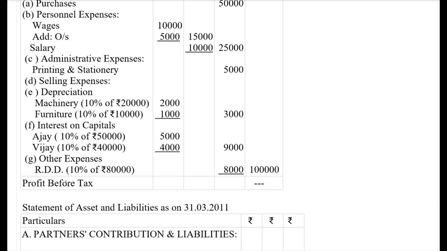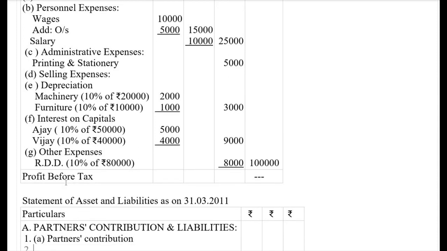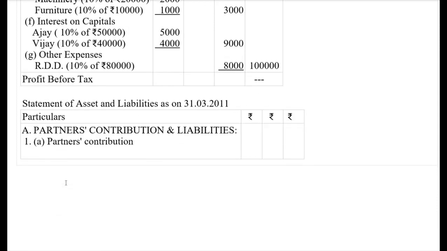So here 1A, partners contribution. So here we should take, so now Ajay's capital, to this we should add interest on capital.